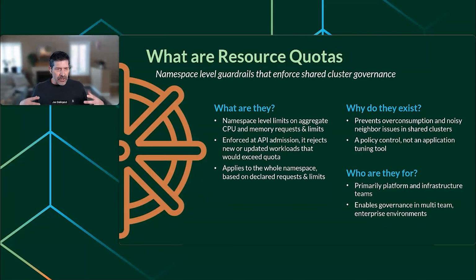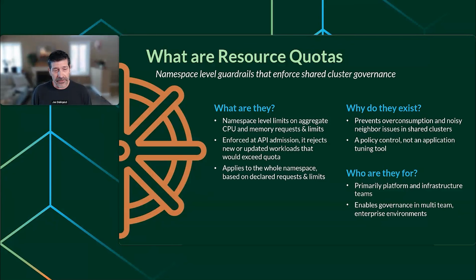Quotas apply across all workloads that are in that namespace. So one deployment can affect another, right? These are interlinked. They exist because you want to be able to maybe prevent a single team or a single workload from becoming a noisy neighbor, from taking more than its share and causing issues with reliability, with stability, with performance.